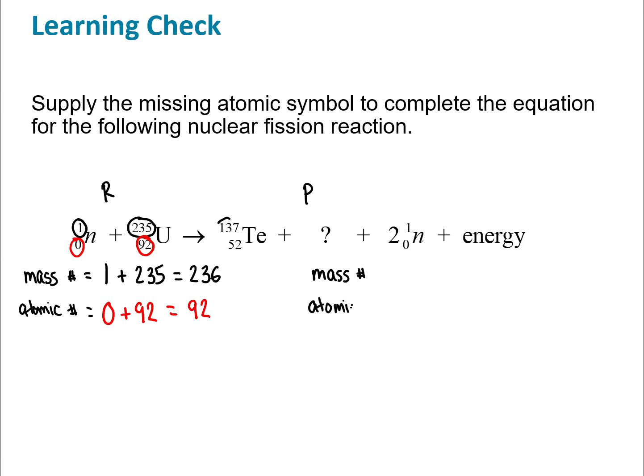Let's do the same thing for the product side. We know one of our products has a mass number of 137. We don't know the other element that's made. We'll call its mass number X. We've also made 2 neutrons that each have a mass number of 1.